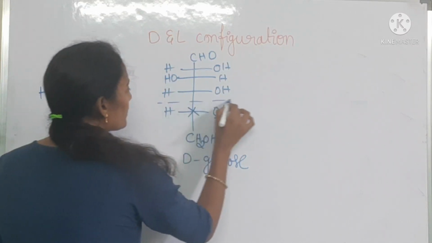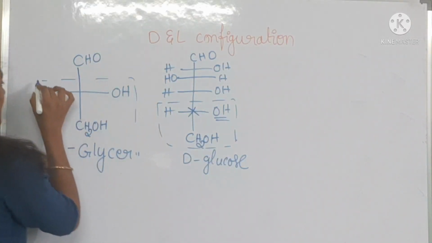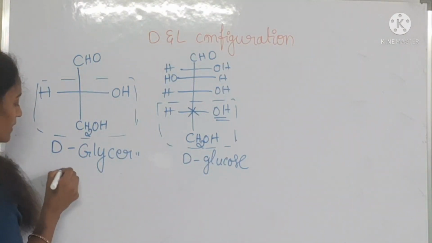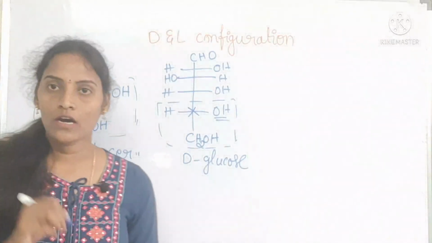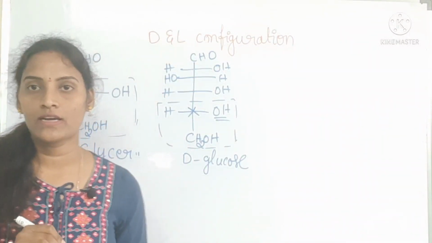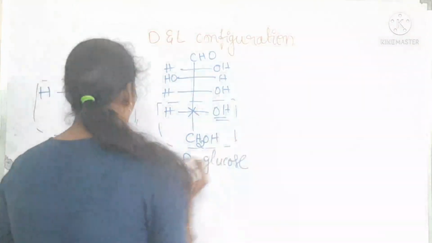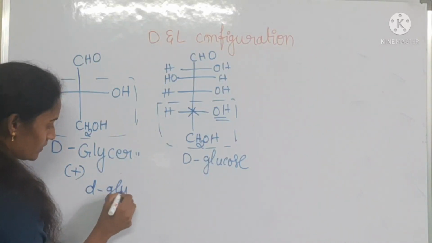Try to observe that this part of glucose and this part of glyceraldehyde are the same, and this glyceraldehyde is the plus glyceraldehyde. Observing experimental conditions, it is the dextrorotatory form, that means D-glyceraldehyde, small d.